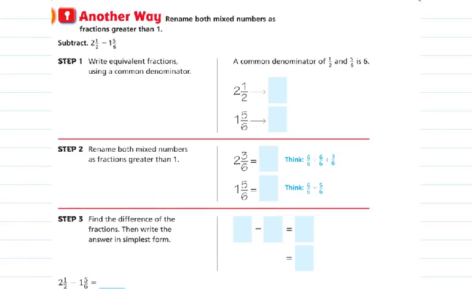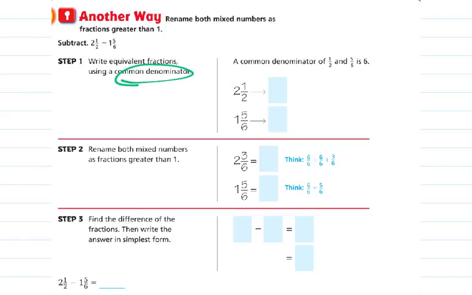So another way, boys and girls, that we can do the same sort of problems is that we can rename both mixed numbers as fractions greater than 1. So in the next problem that we have here, it says 2 1/2 minus 1 5/6. So it says write equivalent fractions with a common denominator.